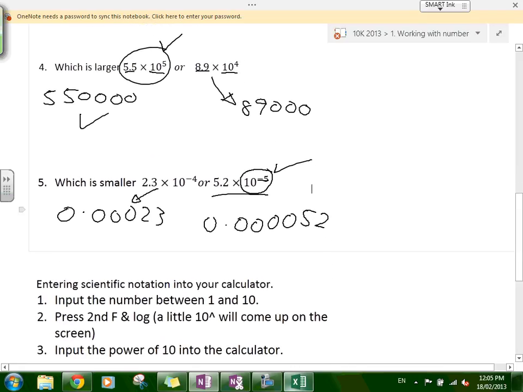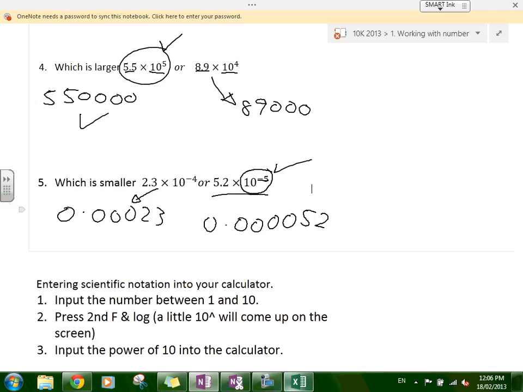Now I'd like you all to get your calculators out, please. Okay, now, if you look on your calculator, you see there's a button that says log. See that button?